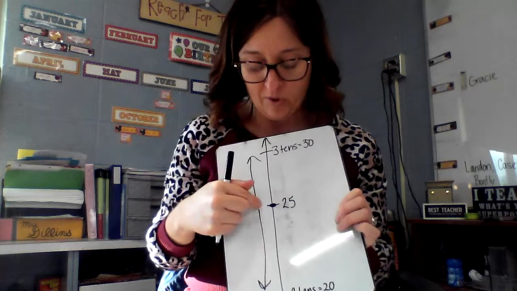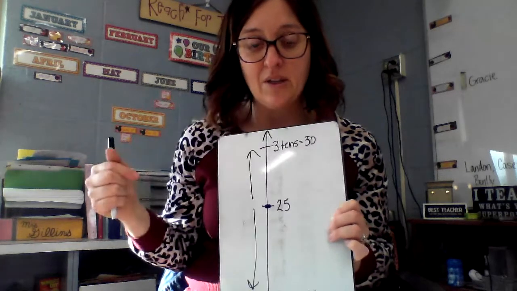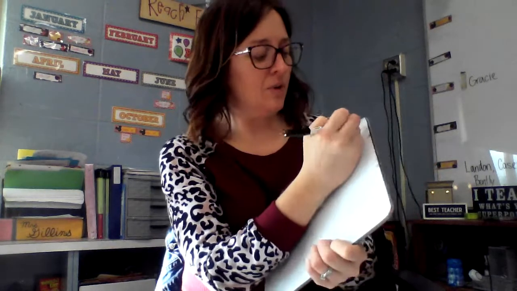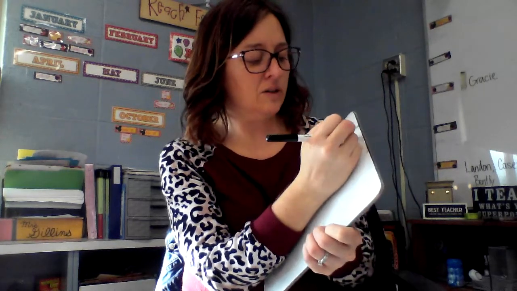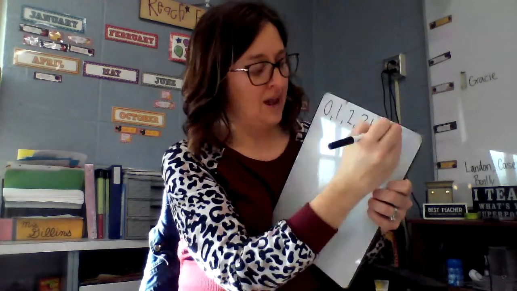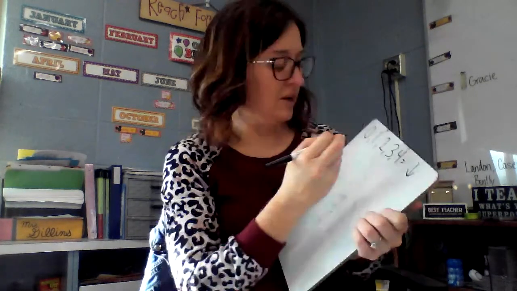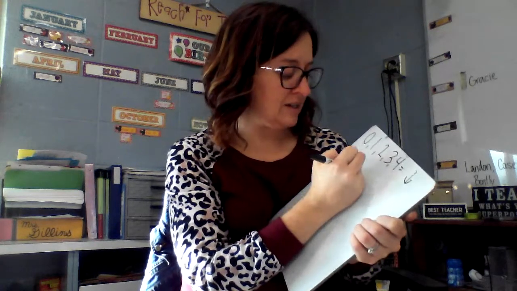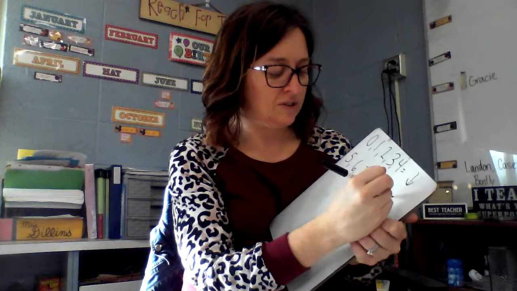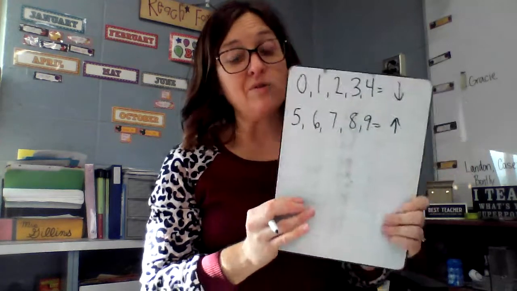So 25 will round up to 30. Are you starting to notice something? That when a number ends in 0, 1, 2, 3, or 4, we round down. And when a number ends in 5, 6, 7, 8, or 9, we round up. If you notice that, you would be correct.